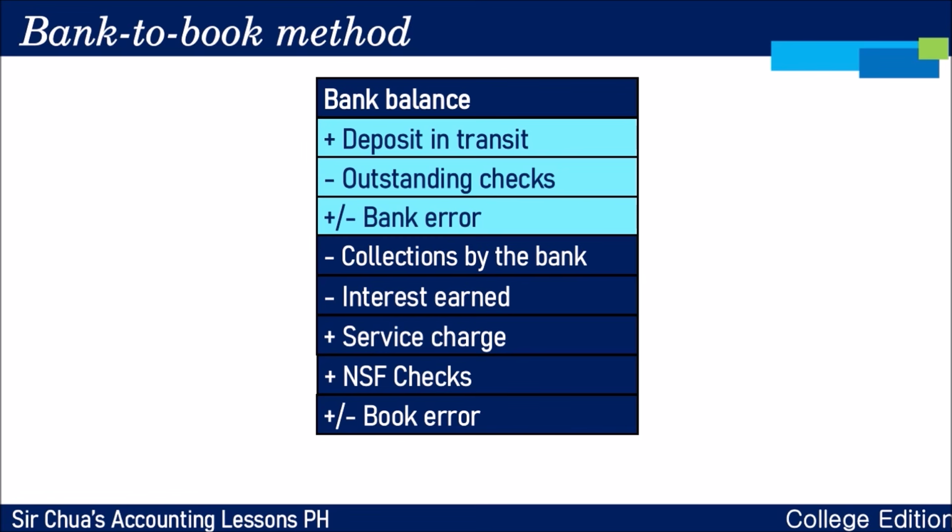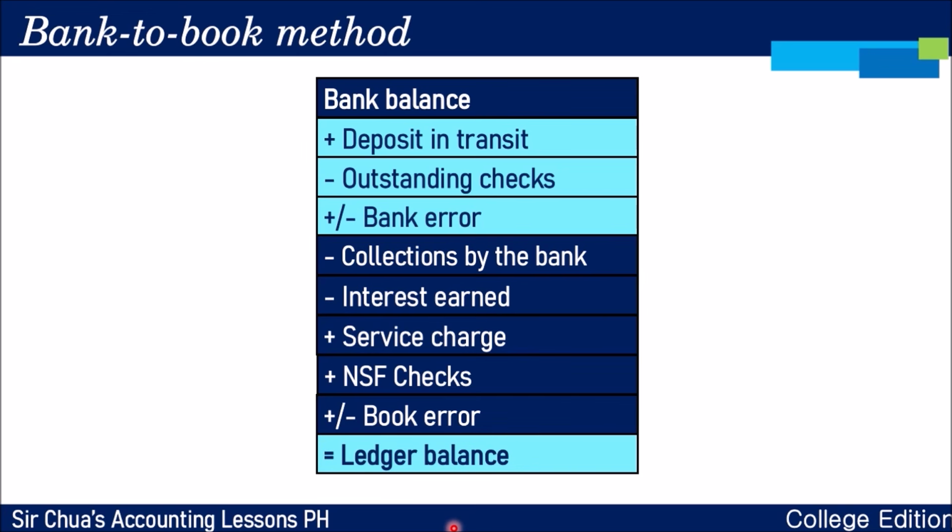Pagka naman nabawasan ka erroneously, idadagdag mo. Dito, yung binabanggit nating book error dito, pabaliktad uli yung gagawin yung analysis. Kasi nga, binaliktad natin lahat here eh. Okay? So, ito, kung ano man yung effect dito, babaliktarin mo uli. Parang ganon. Okay? Para maka-arrive ka po sa ating ledger balance.